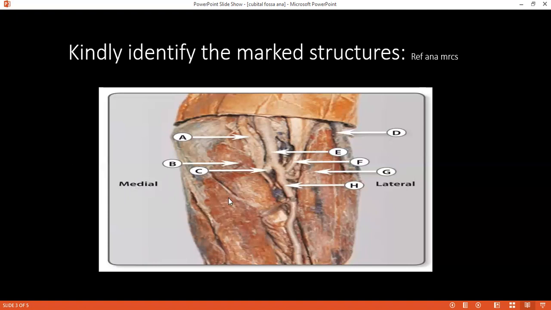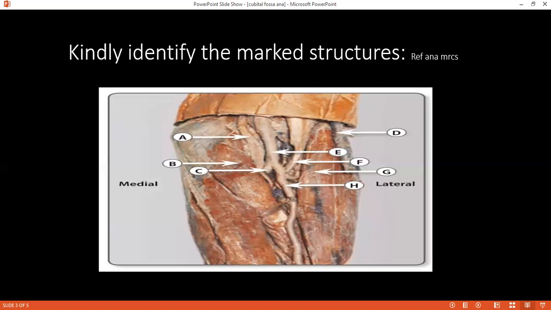Now close your eyes and imagine what would be the structures here in the cubital fossa. Then B, please. It's a muscle, on the medial side. It's the pronator teres muscle.